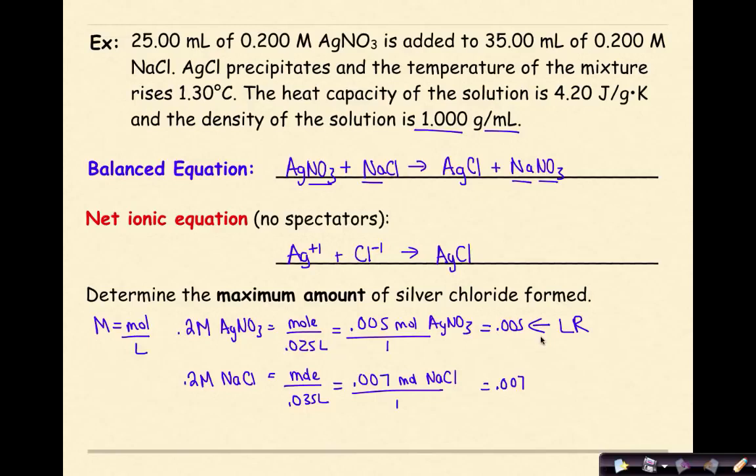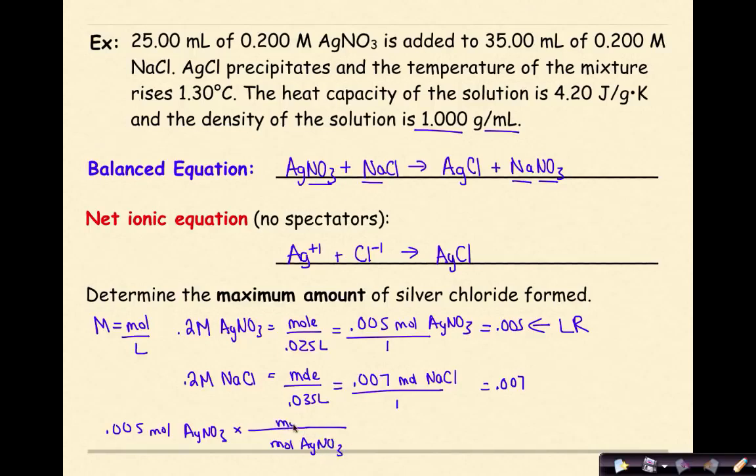Once I have my limiting reagent, I can figure out the maximum amount of silver chloride formed. Always go back to your original amount of moles of substance to start with. So 0.005 moles of AgNO3. Multiplication sign and a line. I'm starting with moles of AgNO3, so that is going to go on the bottom.